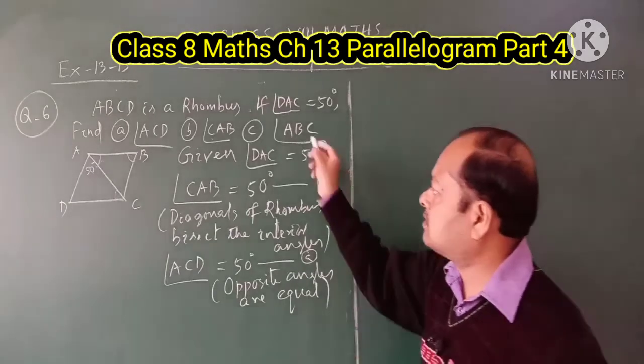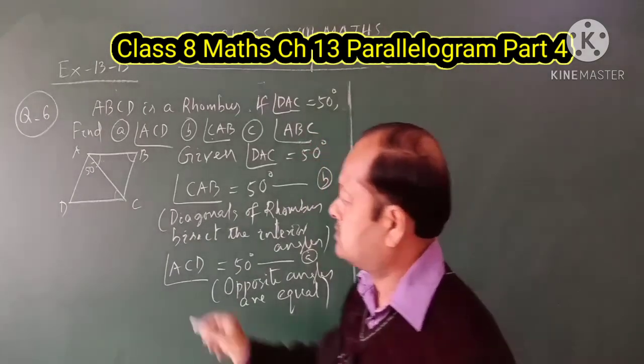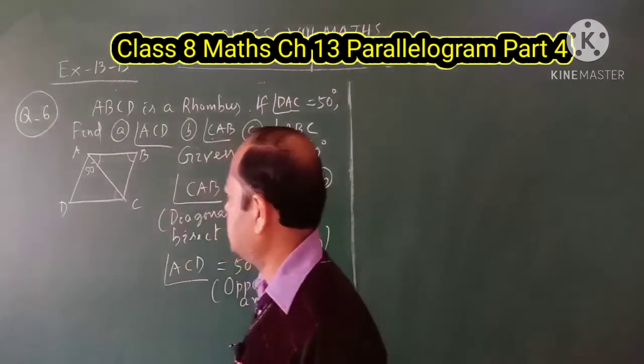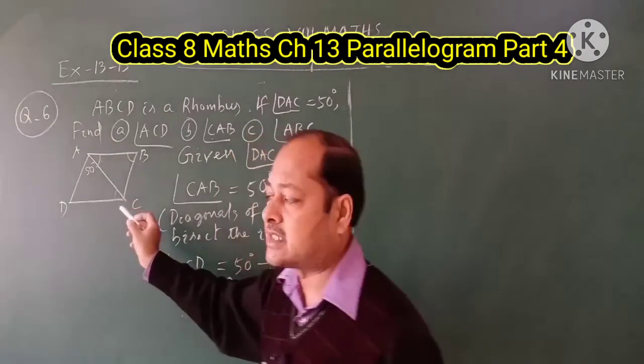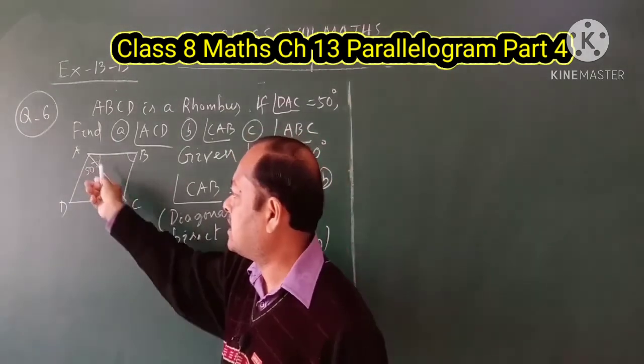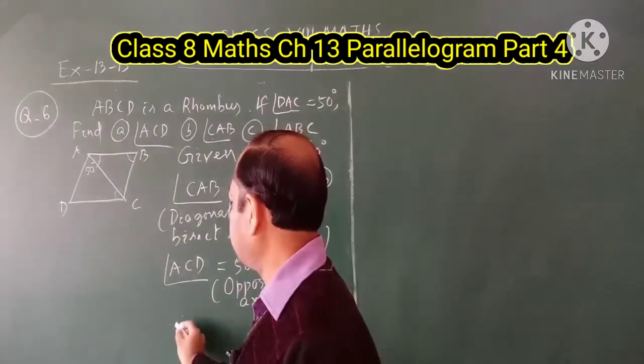Now come to solve this third question, that is we have to find out ABC. So here it is ABC. So ABC is how much, then we have to look at this triangle. If you know this angle and this angle, easily we can find out the third angle. So it is present in the triangle.